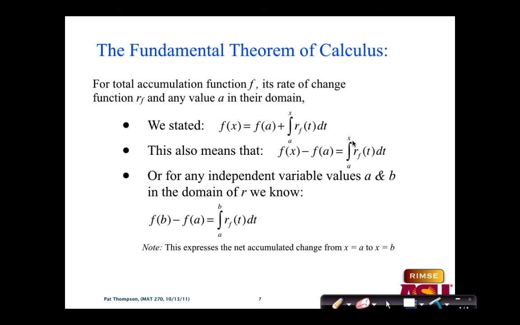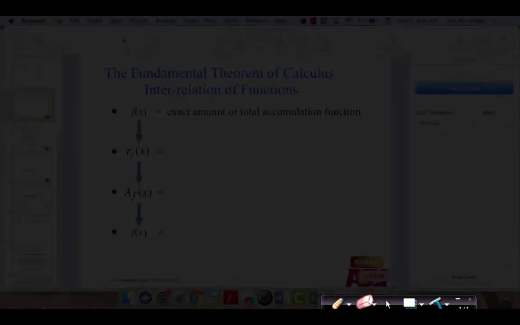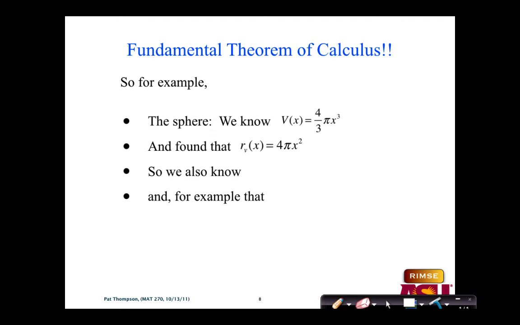So let's use this on our sphere thing that we talked about. Oh, I never did write out the simplified form of it: 4/3 pi x cubed. We came up with its derivative, r sub v of x, equals 4/3 pi times 3x squared.